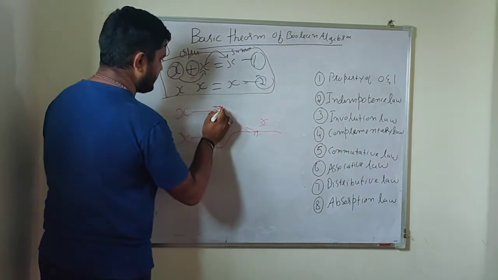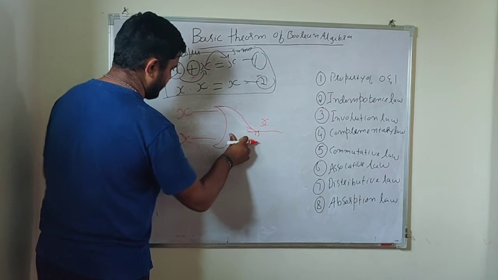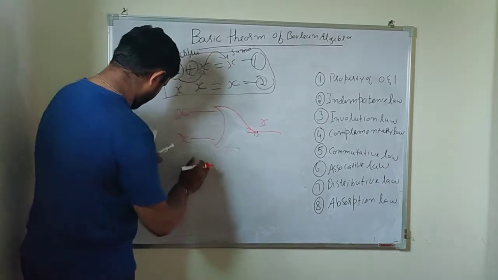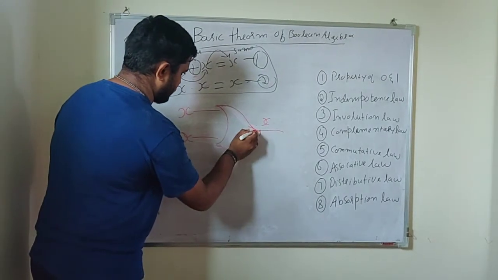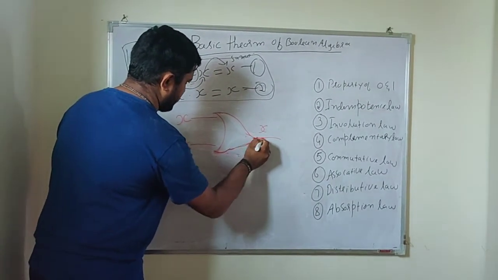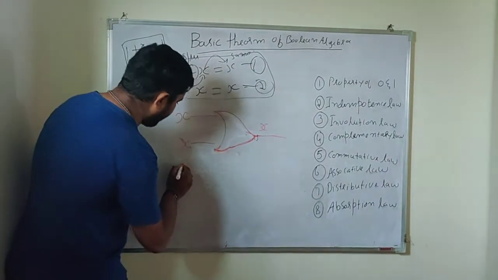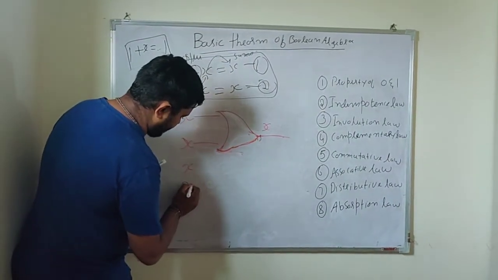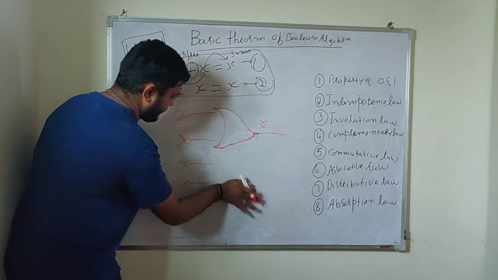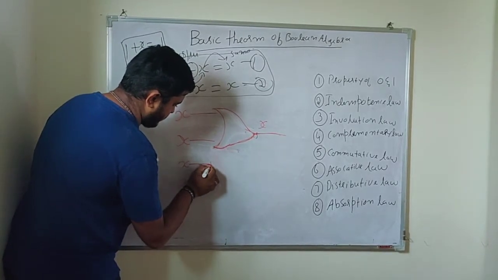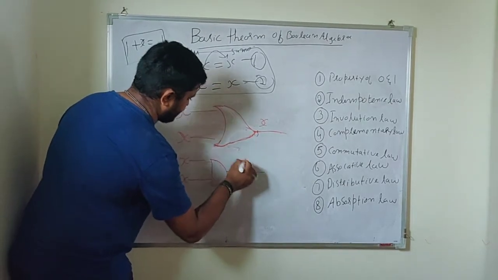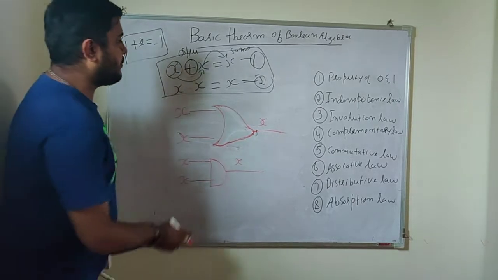Now an AND gate means you represent it by the AND symbol, x into x, with two variables as inputs, which is equal to x. This is how the independent law looks.